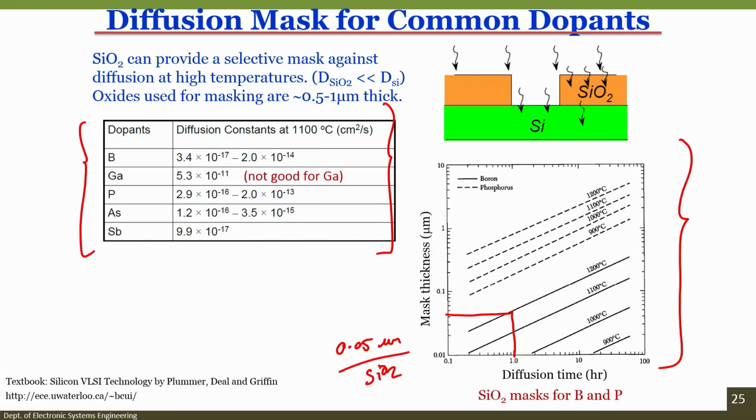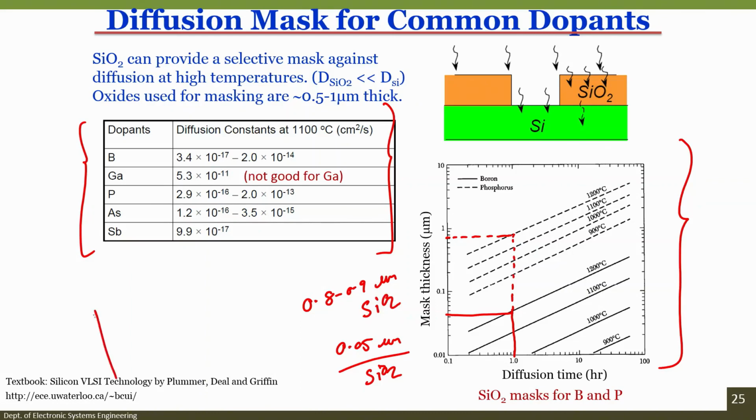Suppose you want to dope phosphorus into silicon for how much time? 1 minute. At what temperature? 1200 degree centigrade. Then you can continue here and see that approximately 0.8 to 0.9 micron thick silicon dioxide can act as a good mask to not allow the phosphorus to enter silicon.